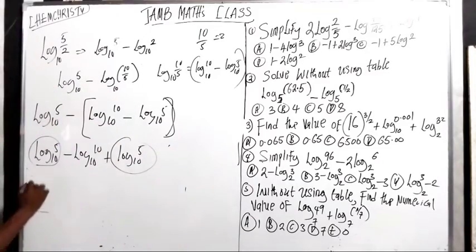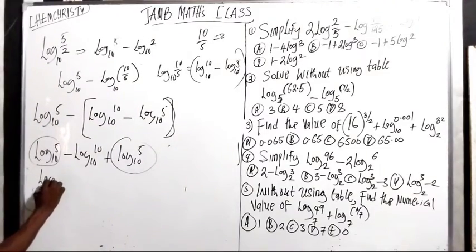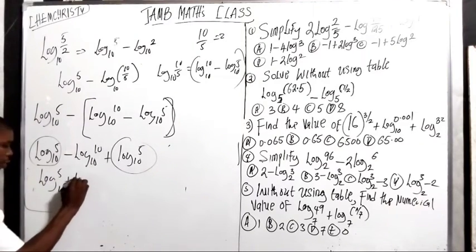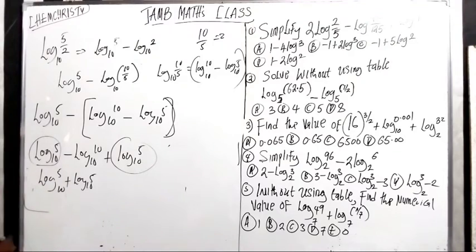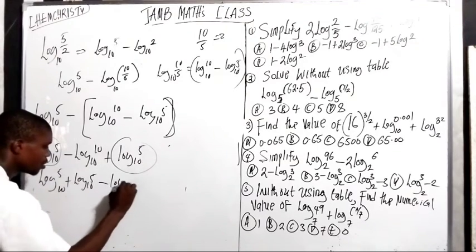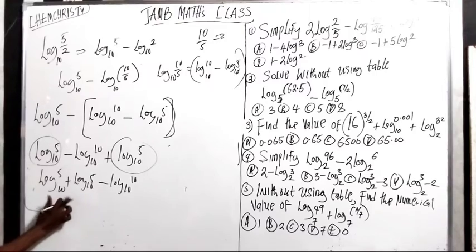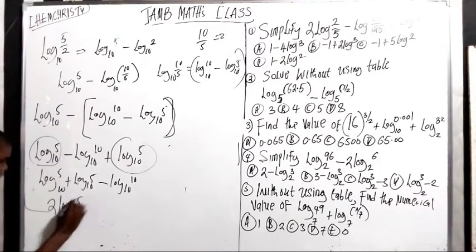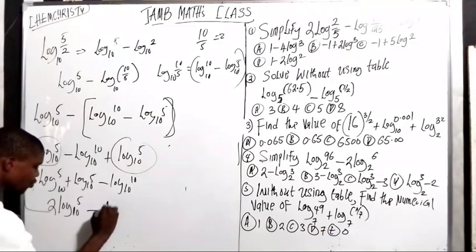So it's going to be log 5 over log 5 10 plus log 10, right? Minus log 10. So what happens here? You're going to get 2 log 10 5 minus 1.